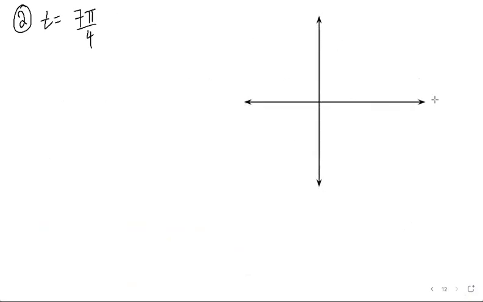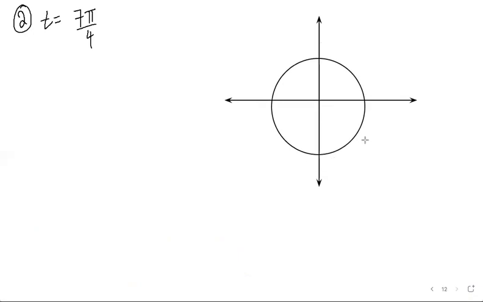If t is equal to 7 pi over 4, you have to find the t bar, and from t bar I can find the terminal point. I find the terminal point for t bar, then I connect it to the t.